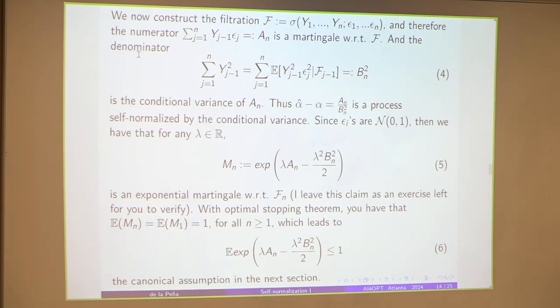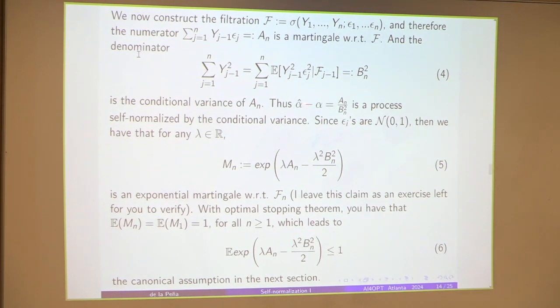Now, the random variable at the bottom is the sum of yj minus 1 squared, which is equal to the sum of the conditional expectation of (yj minus 1 epsilon j) squared given F j minus 1. And that's what I'm going to call b sub n squared. So b sub n squared is the conditional variance of a sub n.